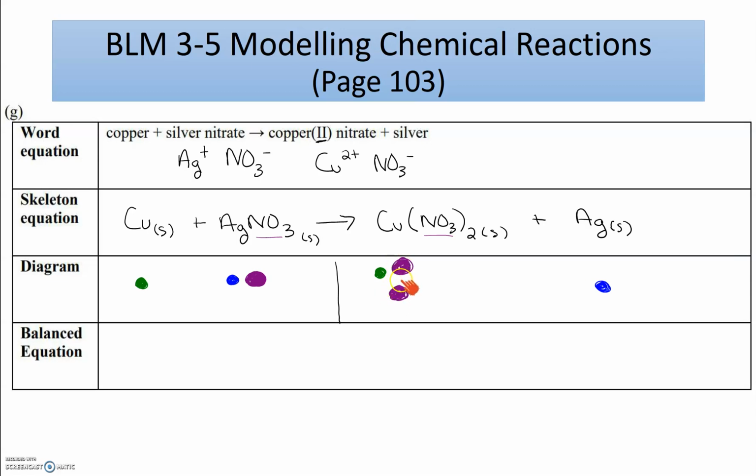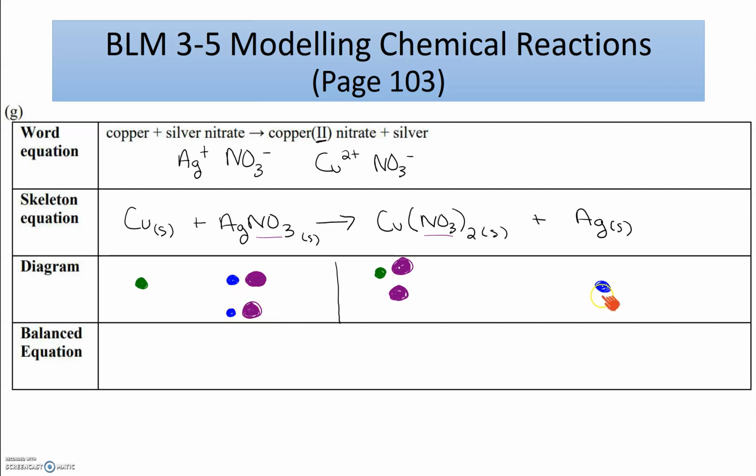So that means I need to add another silver nitrate. So that means I need another blue circle for silver, and I need another big purple circle for a nitrate. And so now my nitrate is balanced, but I now have 2 of the silver on my reactant side.